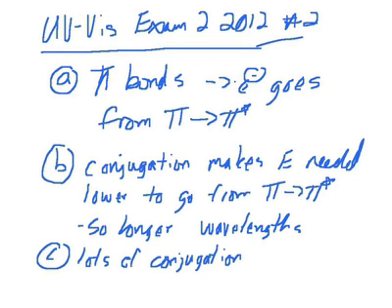Visible light has longer wavelengths. So eventually, the pi to pi star gap gets so very small that you're in the visible spectrum, and then you have colors, because the wavelength has gotten long enough that it's a visible light wavelength now.